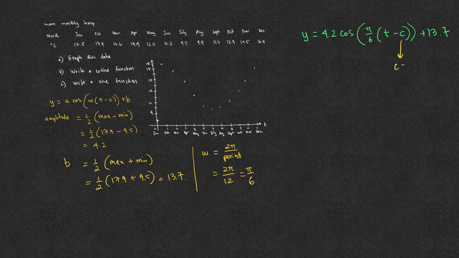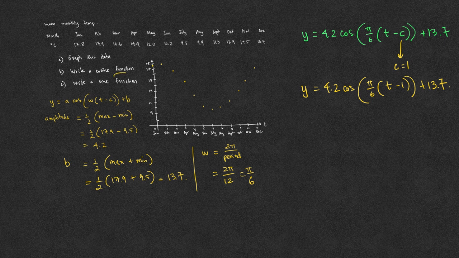The height was supposed to be at t equals 0. On this graph, the height starts at t equals 1, and so the horizontal shift is to the right 1 unit, and so the equation is y equals 4.2 cosine of pi over 6 times t minus 1, plus 13.7. So we're done with the cosine function.